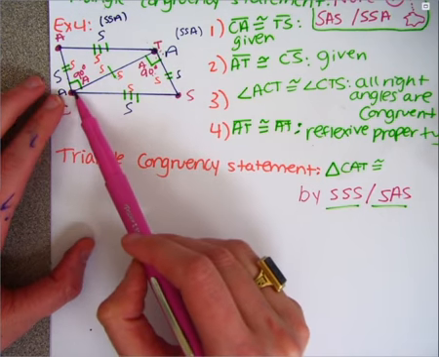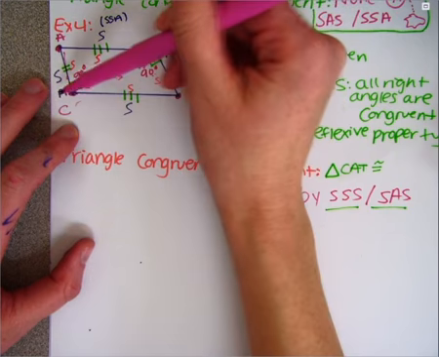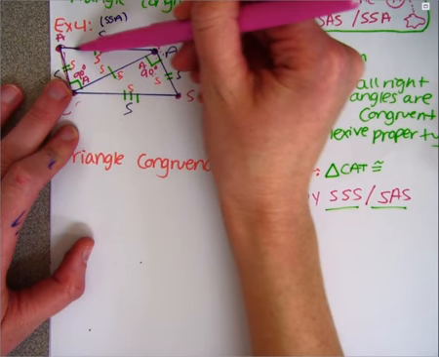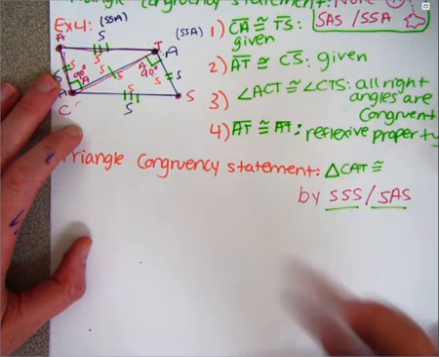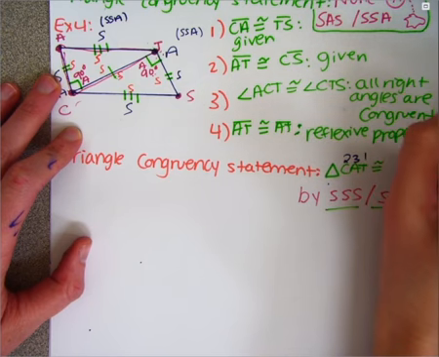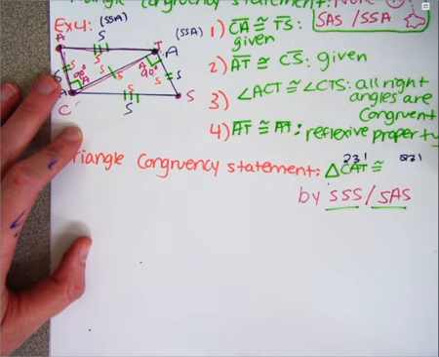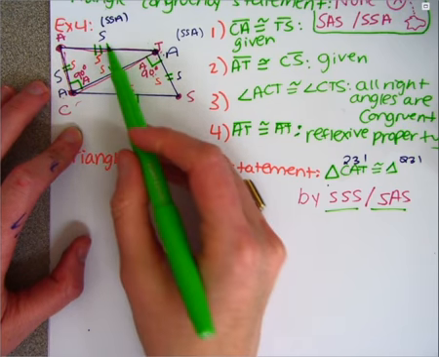So if I go from C to A to T, I go from 2 tick marks, so C to A, 2 tick marks, to 3 tick marks to 1. So 2 to 3 to 1. So I want to make sure I go 2, 3, 1 in my second triangle. So CAT, 2 to 3 to 1.